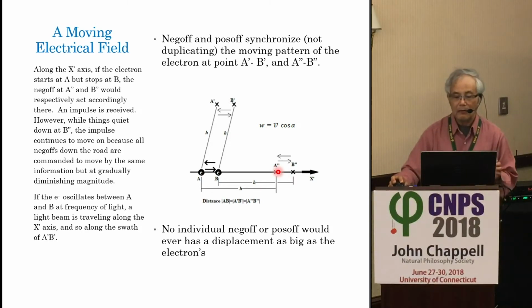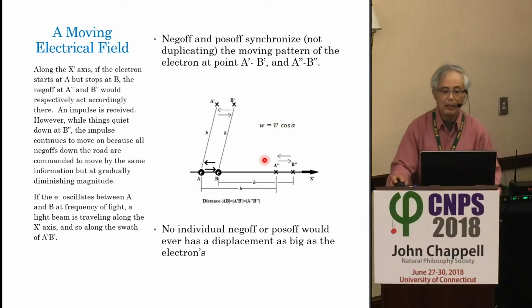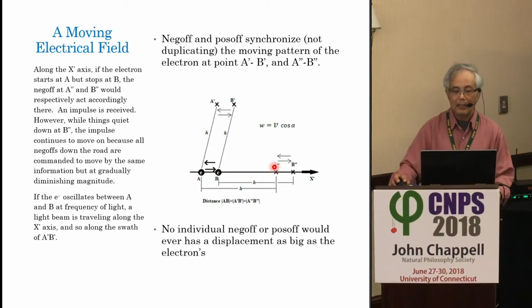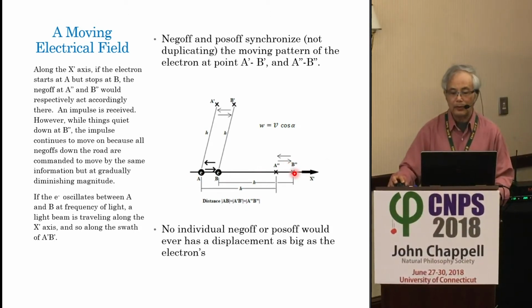The density from here, when the electron moves from here, the density of the distribution of the negative also moves from here. When the electron moves back, the density distribution also moves back.